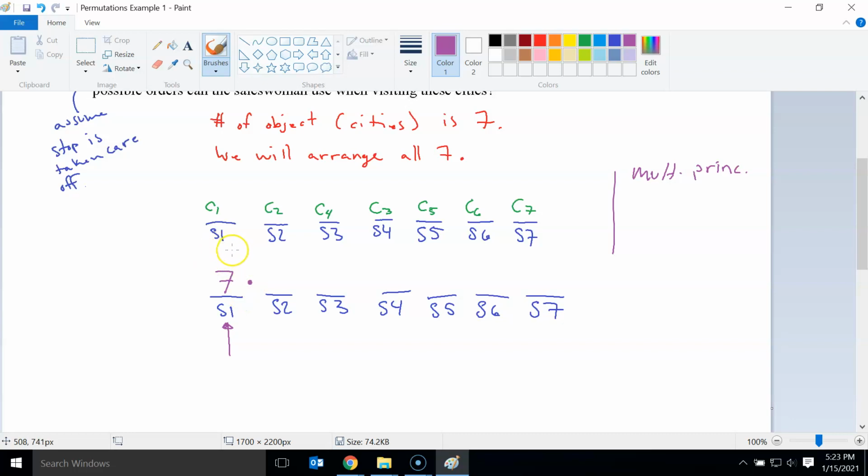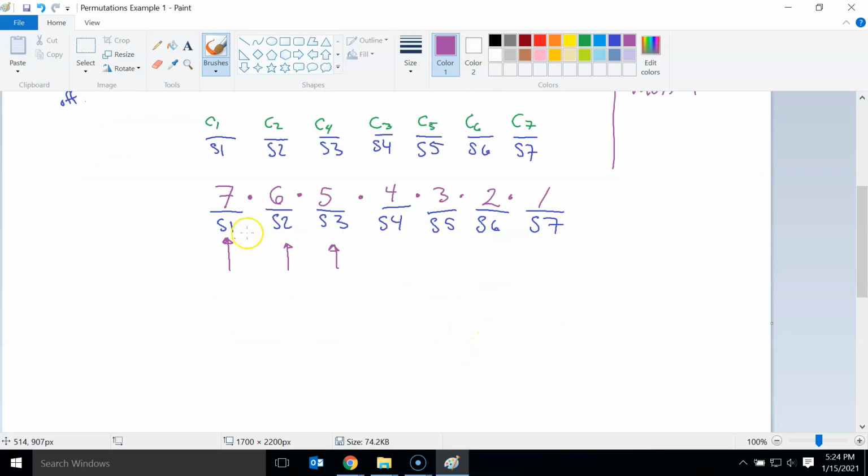Now that we've already got one of the 7 out of the way, our second stop will have to be one of the 6 remaining cities. And we can continue this pattern, right? Out of all of the remaining cities for the third stop, we only have 5 cities left to choose from. Like I said, we can continue this pattern until we only have one city left to choose from.